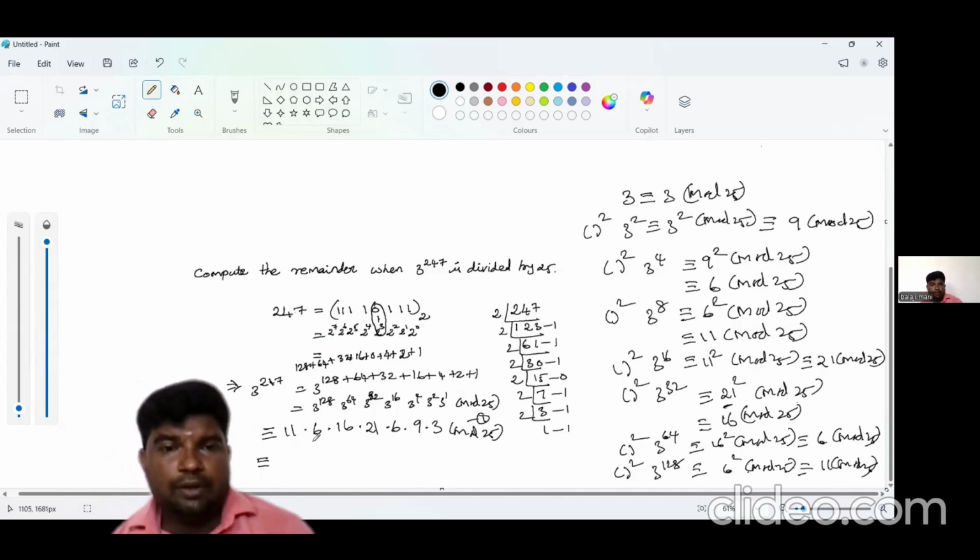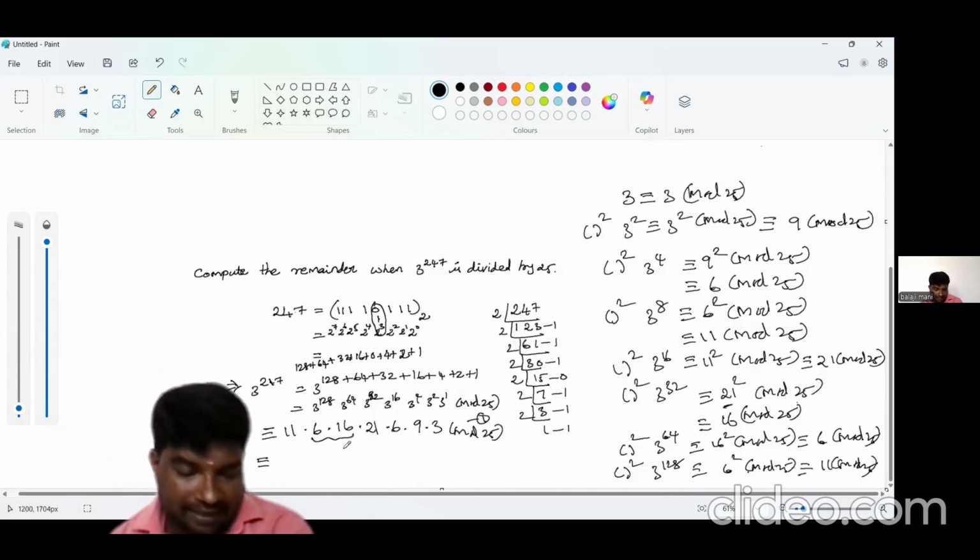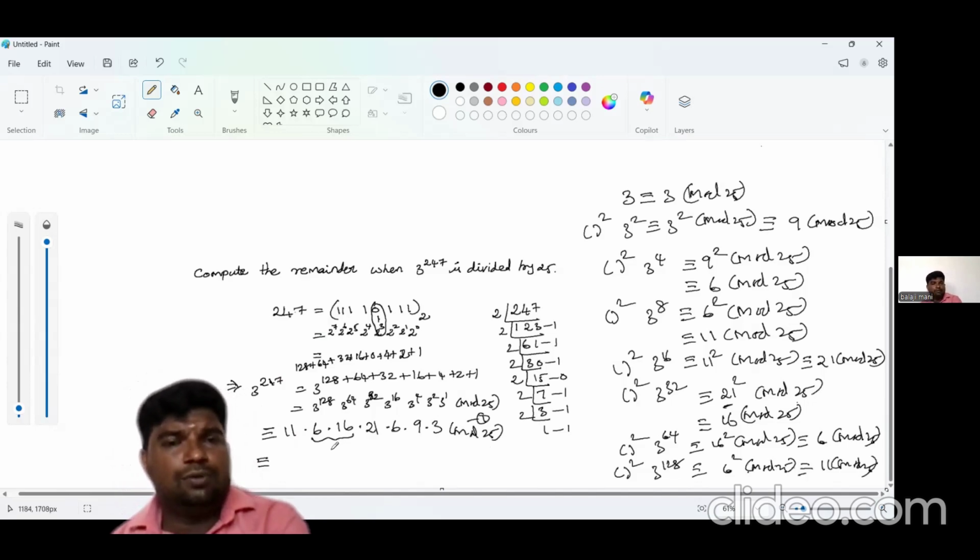Now the product of 6 and 16 is 96. Dividing 96 by 25, sometimes we can express the remainder as a negative remainder: 96 gives remainder minus 4. And 21 can be expressed as the negative remainder minus 4.